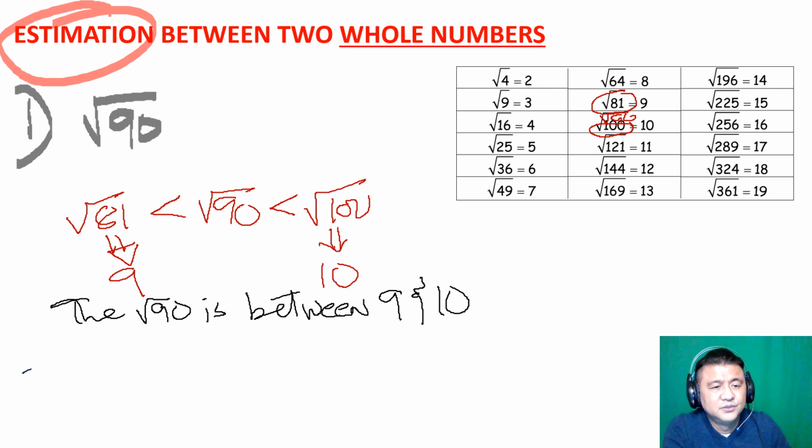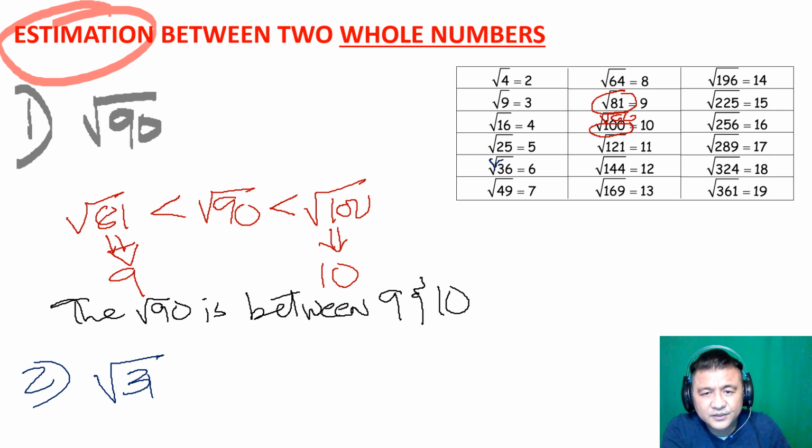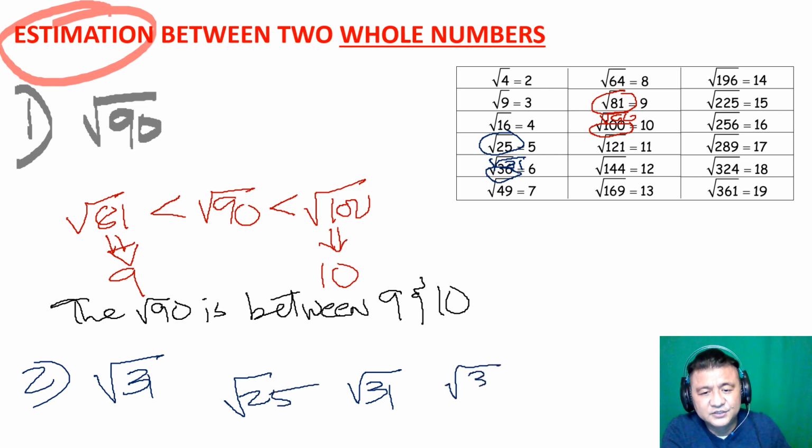Okay, let's try another one. Number 2. What is the square root of, let's use another number, 31? The square root of 31. Where is 31? 31 is over here. Do you agree? So it's between this and that. You could say that the square root of 31 is between the square root of 25 and the square root of 36.